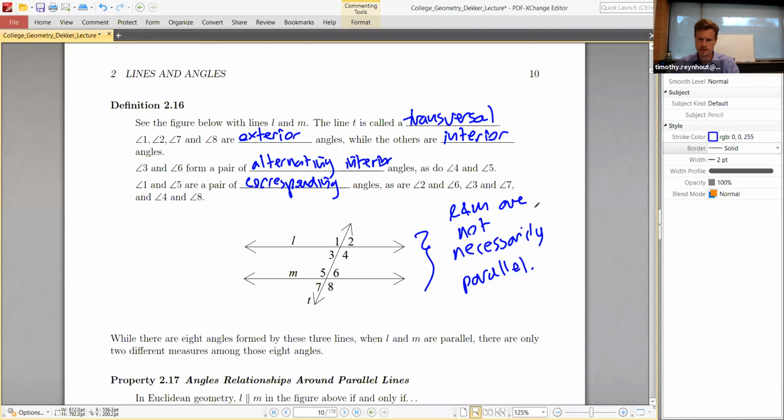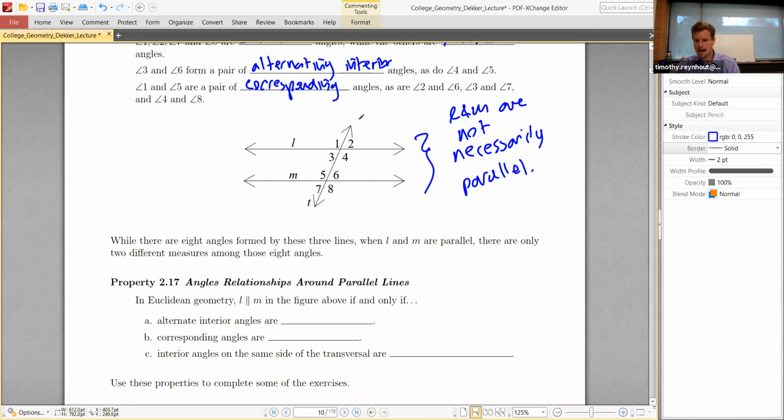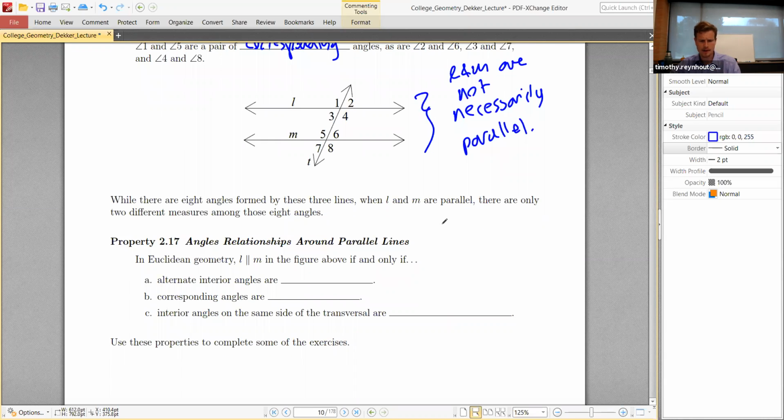So we can discuss that a little bit further, and I'm sure that you are familiar with them. So keep that in mind when you're trying to determine angles. If L and M are parallel, then we have a whole collection of linear pairs, and we would also have a large number of vertical angles, but I suppose that's true either way. So we'll talk about more results later on that.